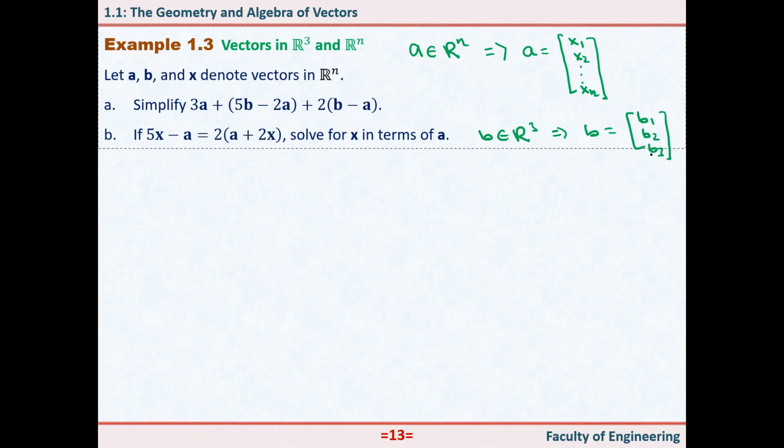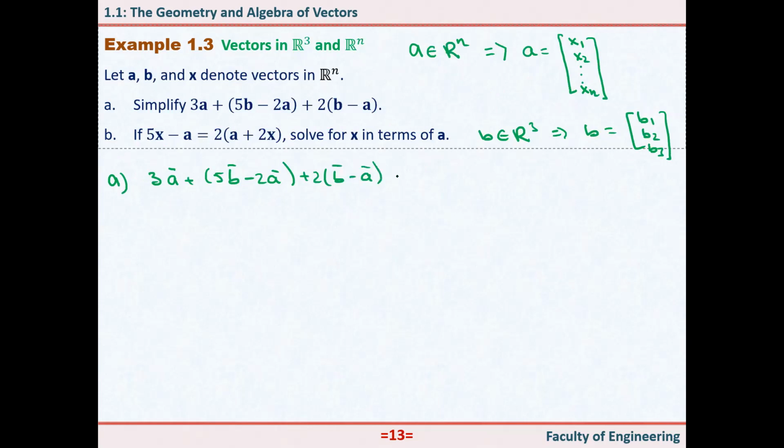In general, the addition and the component-wise subtraction is the same, so it doesn't matter whether it's from n-dimensional space, 2-dimensional space, or 3-dimensional space. Vectors, simplify: 3a plus 5b minus 2a plus 2 times b minus a.